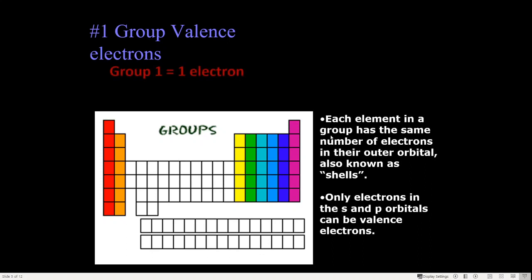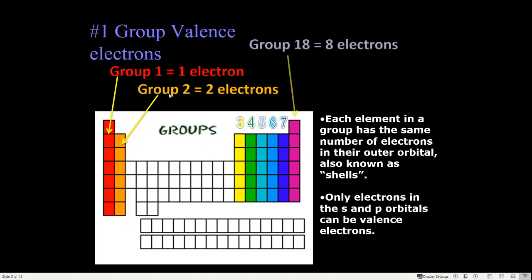Each element in a group has the same number of electrons in their outer orbital, also known as shells. Only electrons in the S and P orbitals can be valence electrons. So you can see in group 1, this whole column, all these elements have one electron in their outer shell, and of course it's an S1, and group 2 has 2. We skip over these because these are all lower energy level orbitals.